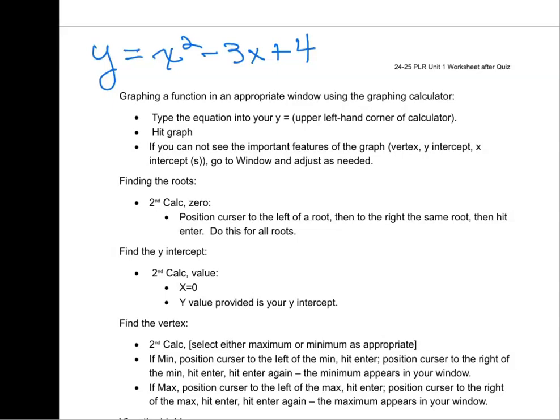So I'm going to kind of walk through it. What I'm going to do is switch screens so that you can see my graphing calculator. And then I will talk it through. And your job is to make sure that you understand what I'm doing, because you are looking at your own graphing calculator.